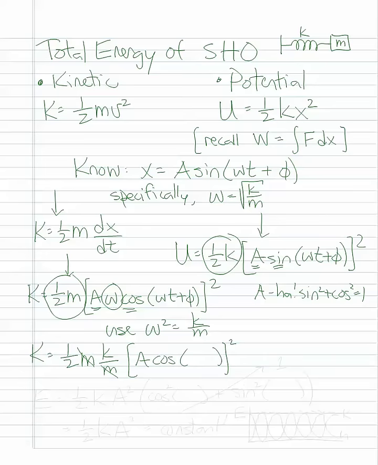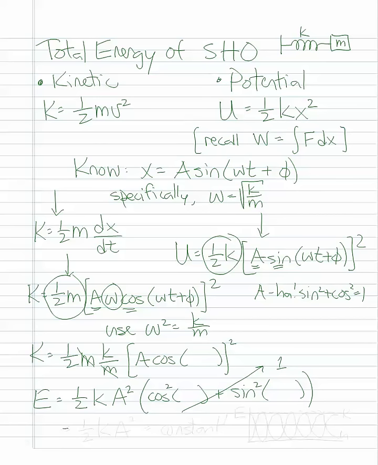Now I realize these have exactly the same amplitude, so I can pull them out of the equation, and I find that the total energy is 1/2 k A squared, times cosine squared plus sine squared. And this thing is just 1.